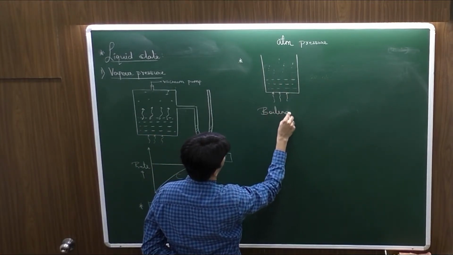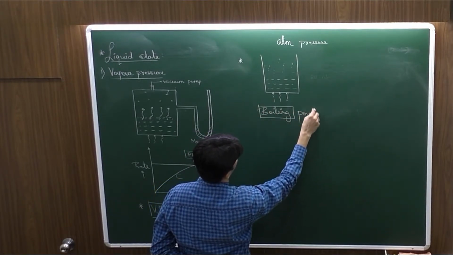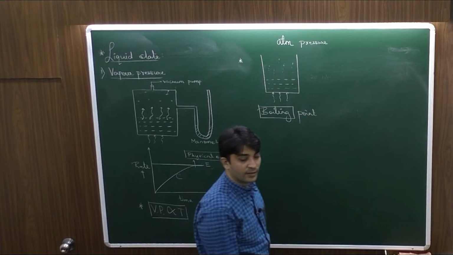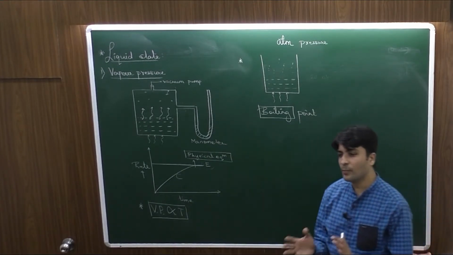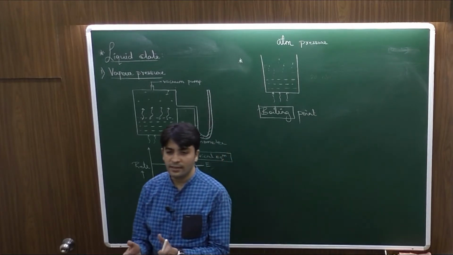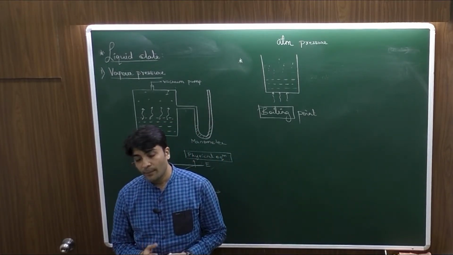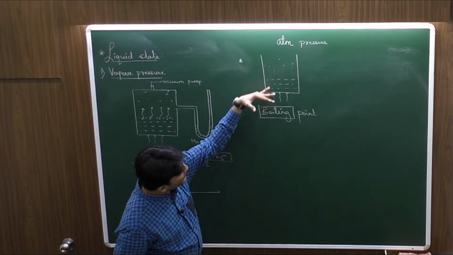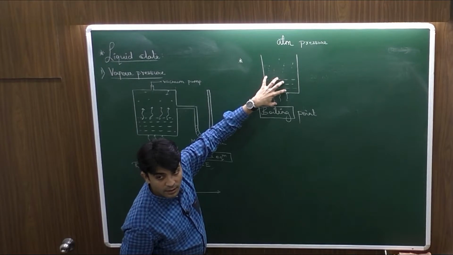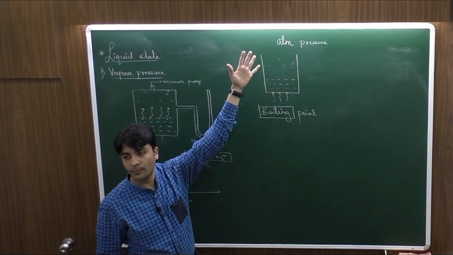This process would now be referred to as boiling, and the temperature at which the liquid starts boiling would be called the boiling point. We have defined the boiling point in simple words as the temperature at which the liquid gets converted into gas. But boiling point is actually the temperature at which the vapor pressure of any liquid becomes equal to the atmospheric pressure.